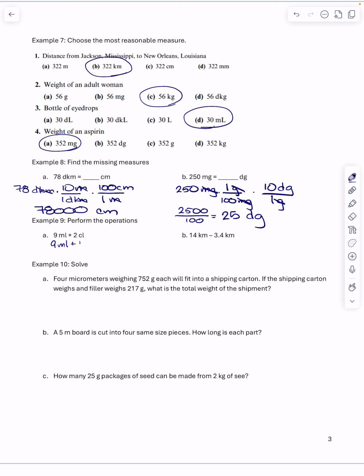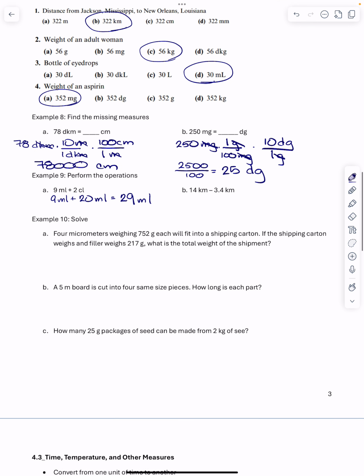I can convert my centiliters to milliliters and then add. And B, we are subtracting kilometers. Just a reminder here to add a place for anything we don't have. I get 10.6 kilometers. Here the unit doesn't change.